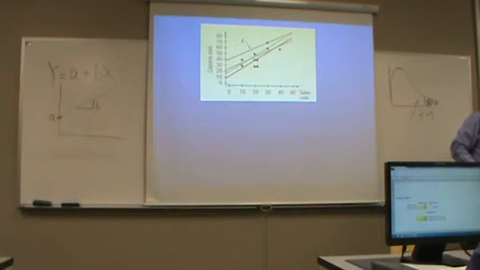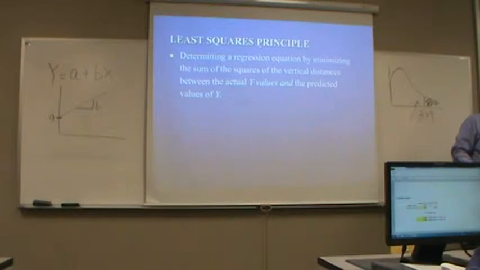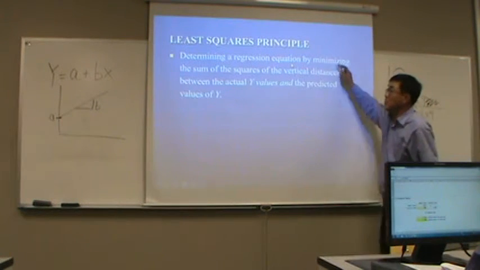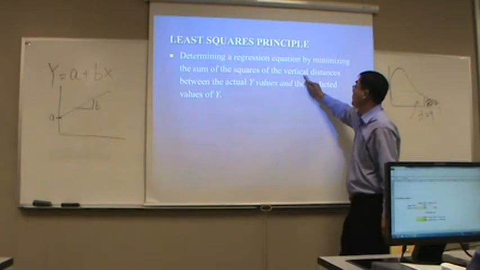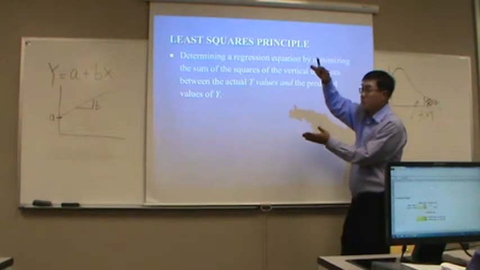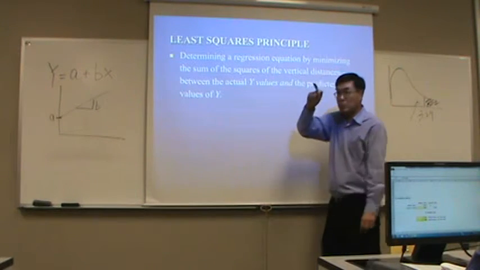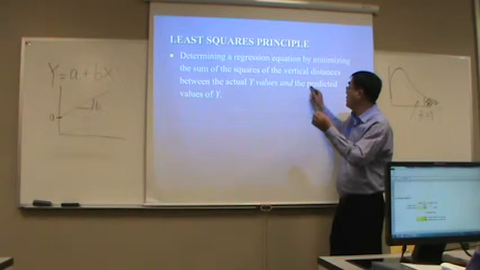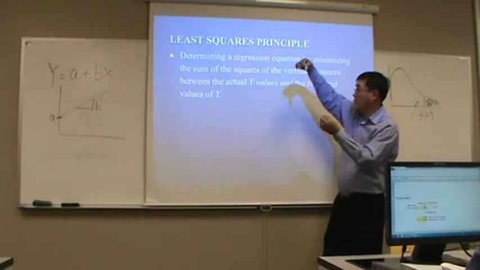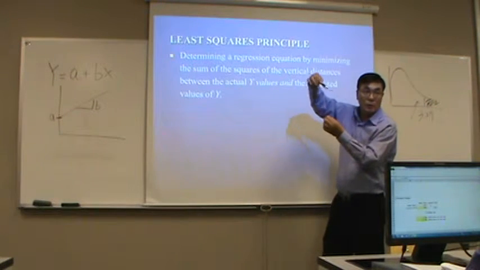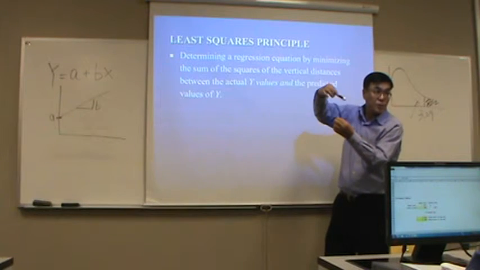So, least square distance. The least squares principle is determining a regression equation by minimizing the sum of squares of the vertical distances between the actual data and the predicted value on the regression line.